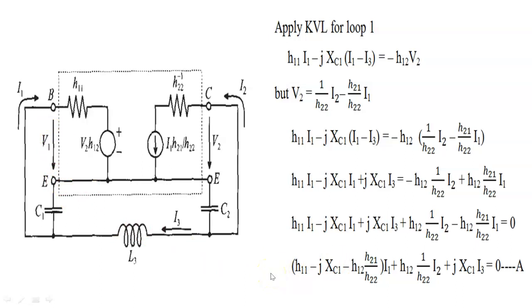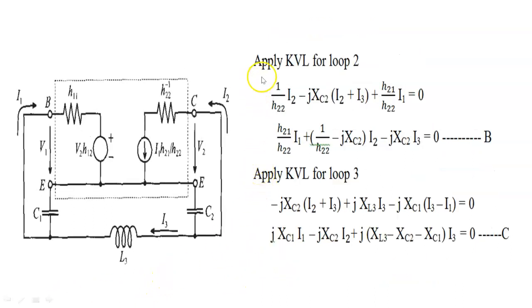We follow a similar process for loop 2 and loop 3. So next we apply KVL for loop 2. So this is loop 2. 1 divided by H22 into I2 minus jXC2 into (I2 plus I3), because I2 and I3 flow in the same direction, then plus H21 divided by H22 into I1 is equal to 0.